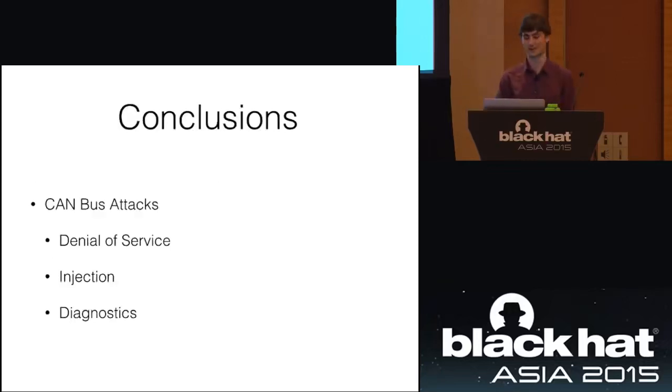So just to conclude here, we talked about 3 different types of attacks that you can pull off. The first 2 are pretty simple, just sending messages will let you do it. A denial of service, which is pretty easy, just spam zeros. An injection attack, which is really going to depend on what you're injecting, but you can fake out a lot of signals and really confuse a vehicle in those cases.